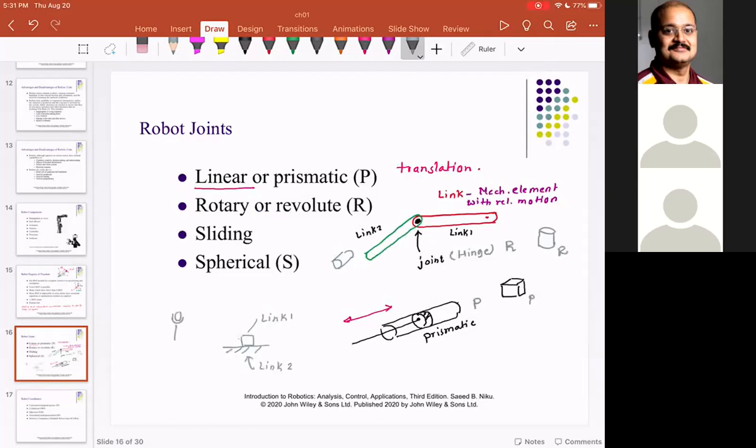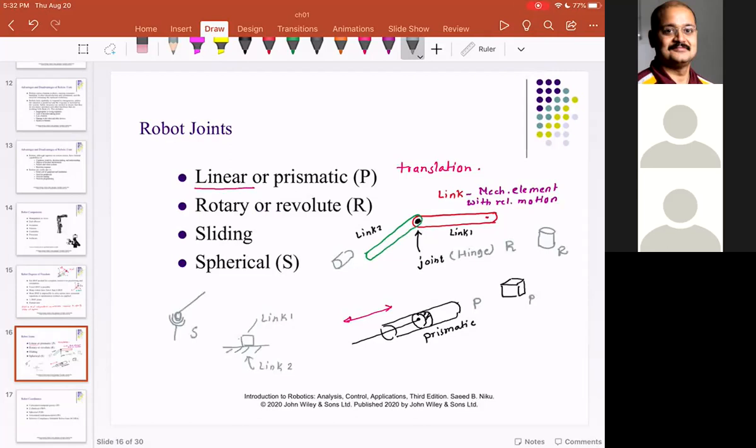You have a spherical ball and then you have the cap, and it can rotate about 3 different directions. They cannot separate, but it can have theta x, theta y, and theta z. So it can rotate about 3 orientations.